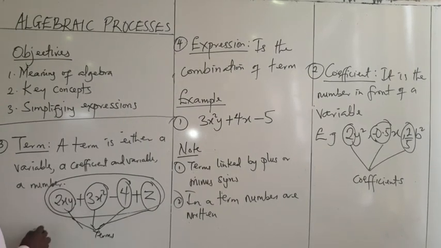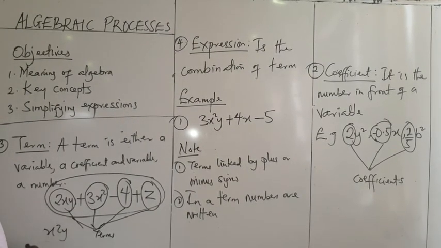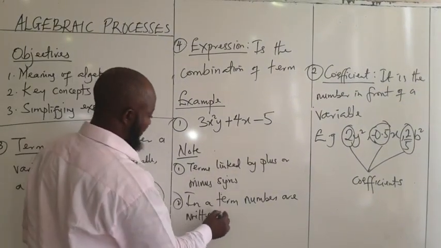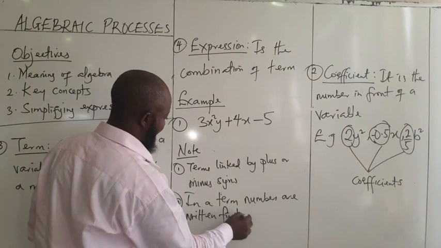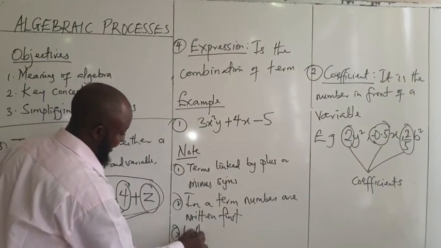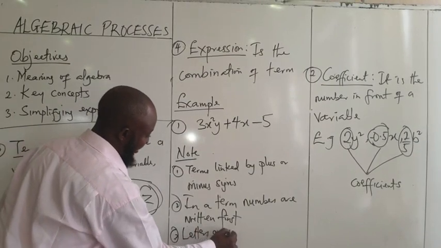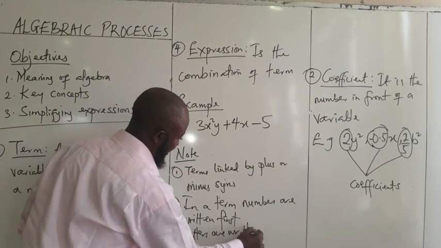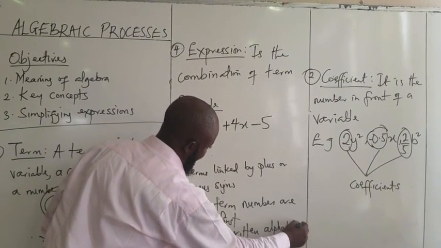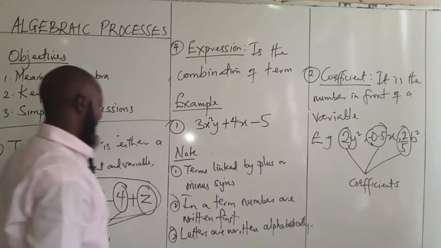Not that you write x, 2, 1. No. The number will come first before the letters. And the letters are written alphabetically. I hope I'm making sense. So that is very important.